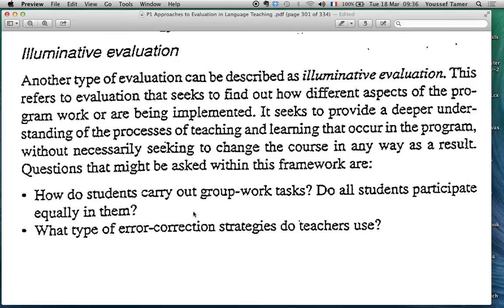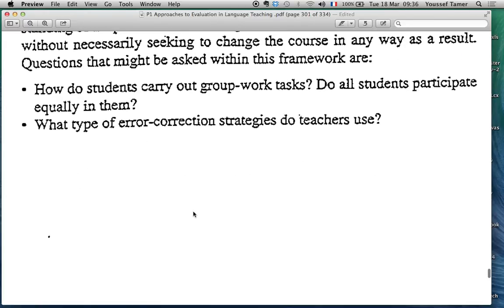The final aim is not to change, but just to describe what's going on, how implementation is taking place, and so on. So questions raised in this regard to do eliminative evaluation: how do students carry out group work tasks?